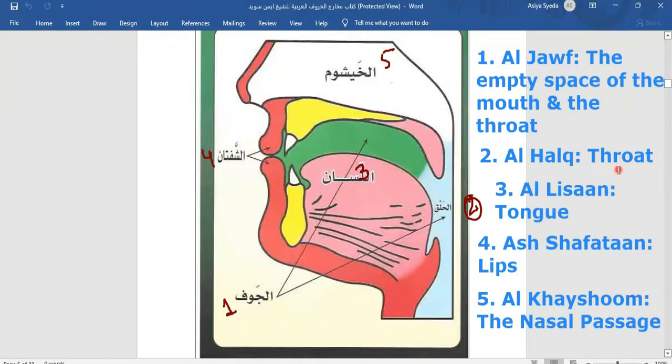Al-lisan is 10 makharij, 18 tongue letters. Al-shafatan is 2 makharij, 4 lip letters. Al-khayshum is 1 makhraj, and you pronounce 2 ghunna letters using it. Just give that much and ask them to memorize.